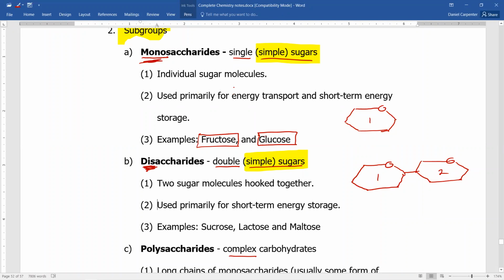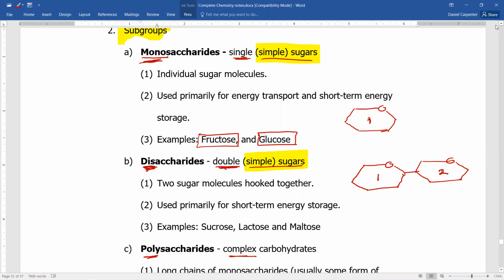So monosaccharides, single sugars, 1 sugar molecule, disaccharides, double sugars, 2 single molecules, polysaccharides, poly is many, complex carbohydrates, hundreds, and I'm not going to try to draw a picture of hundreds of those in a row for reasons that I think should be pretty obvious to you. So those are the subgroups.